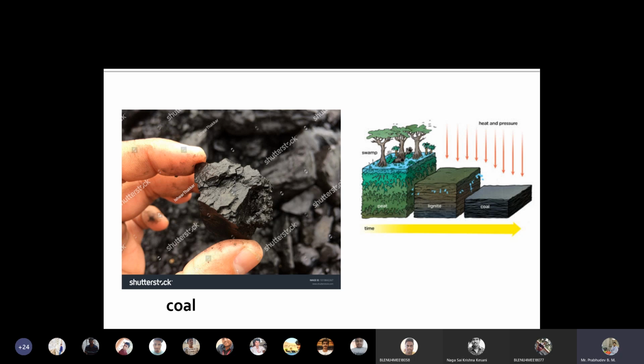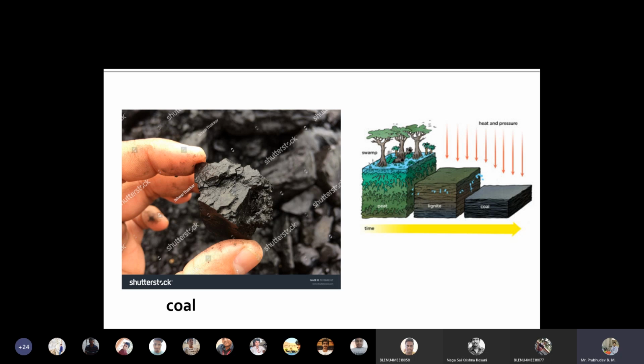Or due to geographical activities, some earth crust or layer itself got turned upside down, or another crust got overlapped over this. Somehow the material got buried deep under the earth.